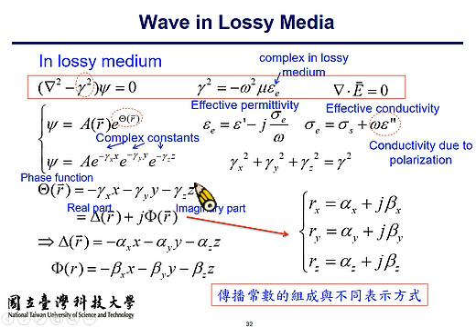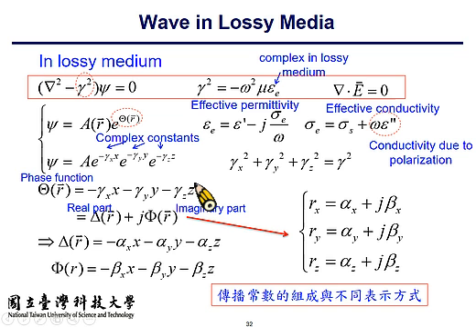And as a result, the magnitude of the electric and magnetic field shall attenuate. Okay, that is, the field amplitude will become smaller and smaller as it propagates.